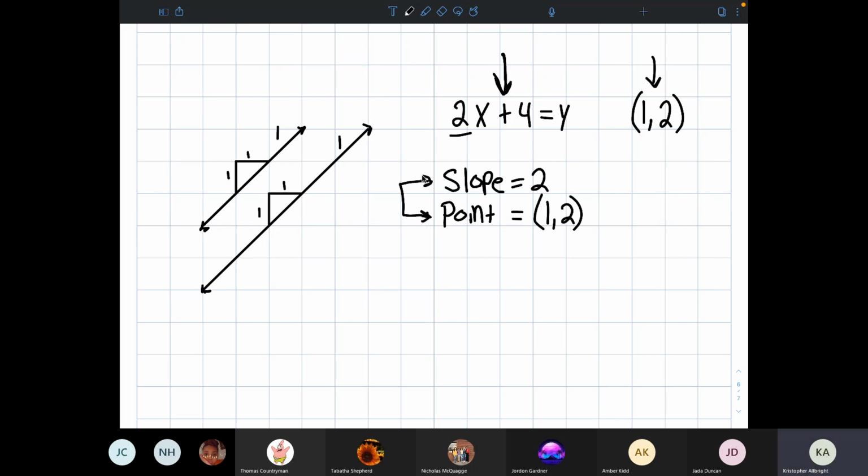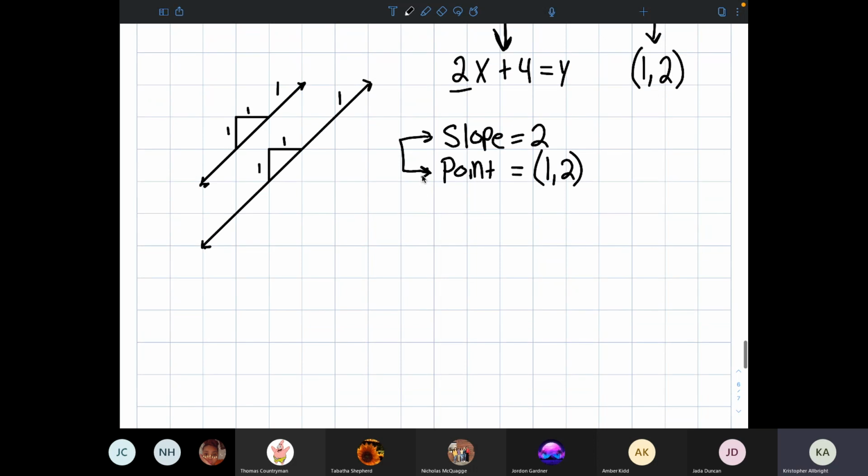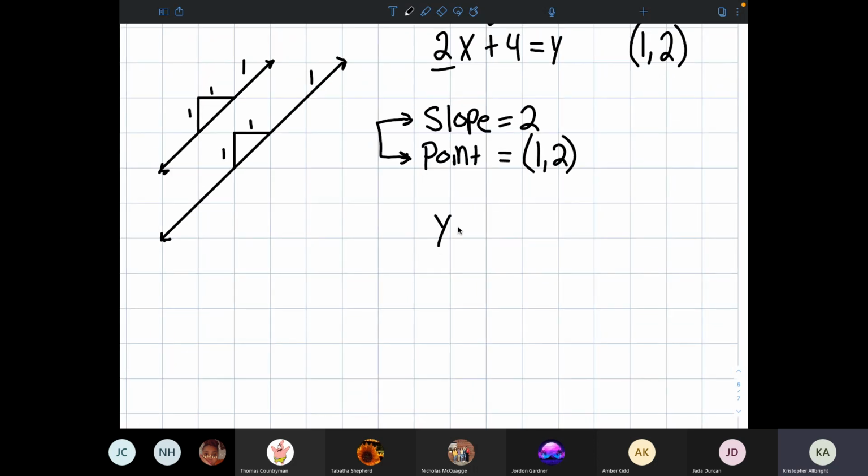Now I can plug this into what's called point slope form. Point slope form is useful when you have a point and a slope. Slope-intercept form is useful when you have a y-intercept and a slope. This one doesn't matter if it's an intercept or not, it can be any point. So our point slope form is y minus y1 equals m times x minus x1.